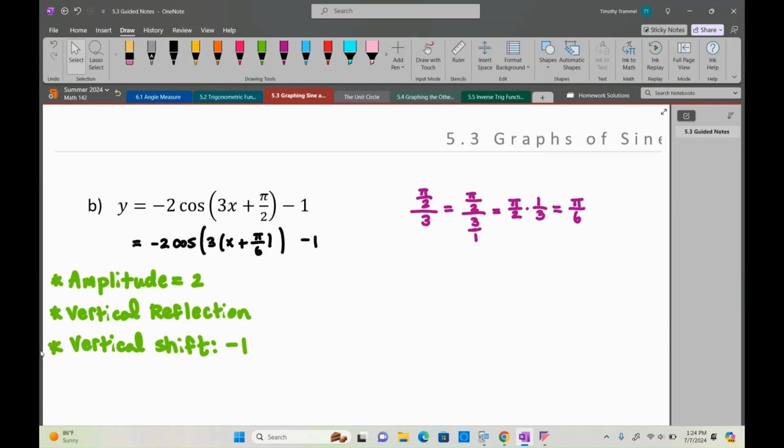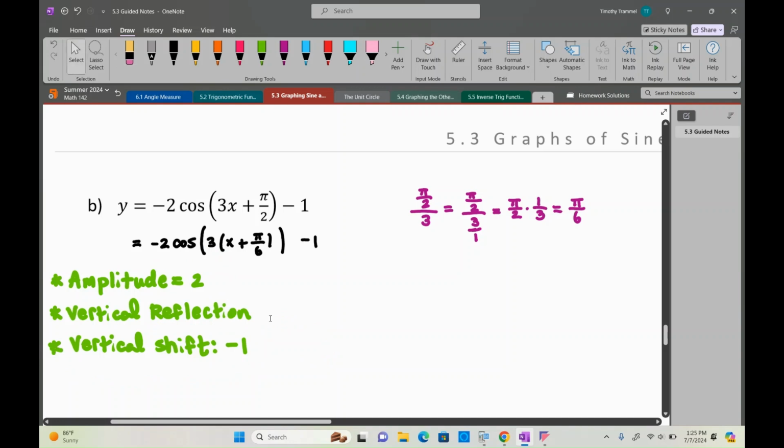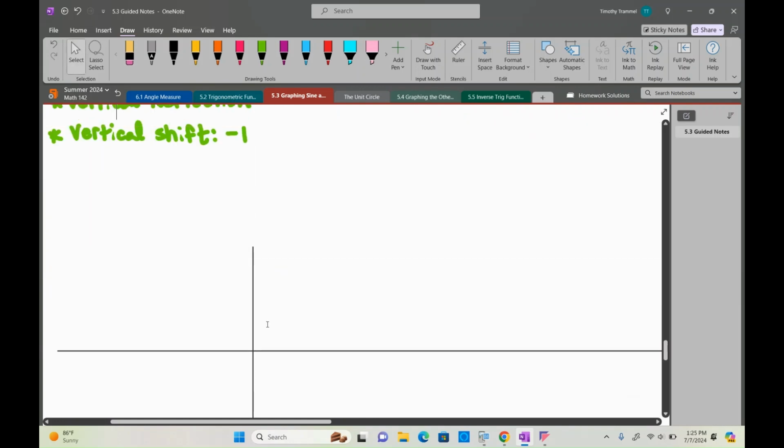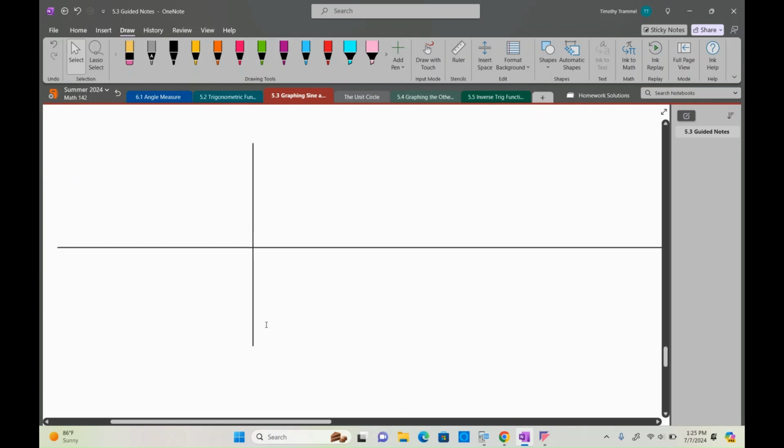So this again does allow us to actually set up the y-axis. This is going to scoot the center of the wave down 1 unit, and then we'll go up and down 1 unit from that new center. So let's see. If we go down 2 units from -1, that would put us at -3.